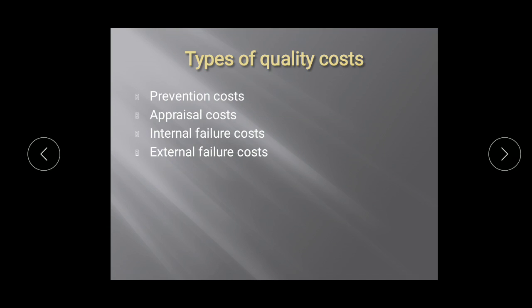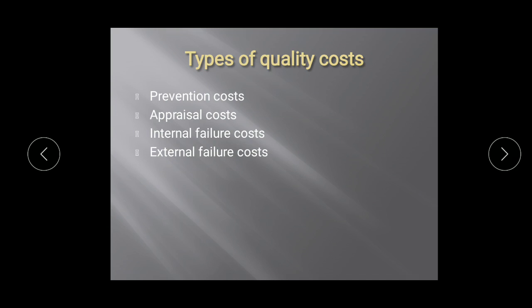Before the product is handed over to the customer, if we do something to minimize the defects, that can be termed prevention, and the cost required for that is the prevention cost. For example, manufacturing process, workers' training, quality engineering, and statistical process control are all examples of prevention cost.